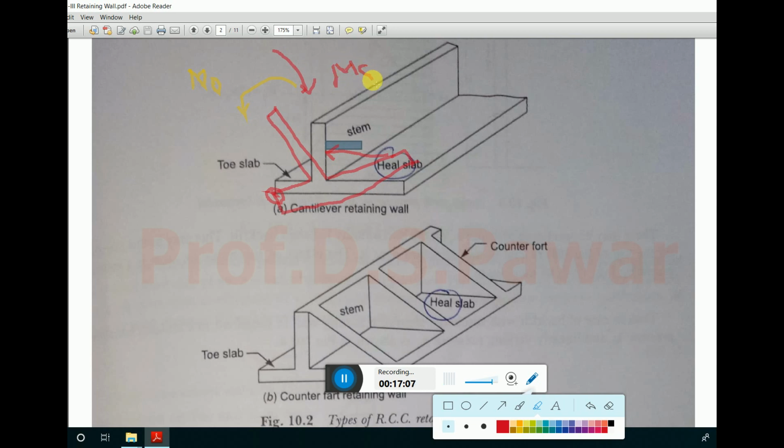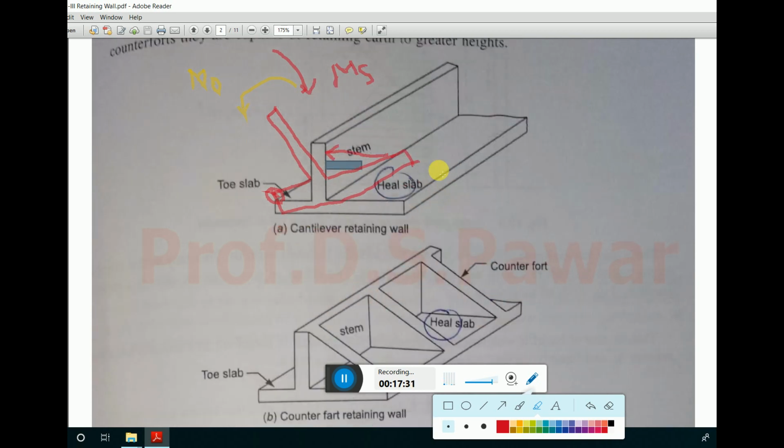The ratio of stability moment to overturning moment, considering 90% of the characteristic load, should be more than 1.4, and then the structure is safe against overturning. So this is the concept of overturning of a retaining wall.